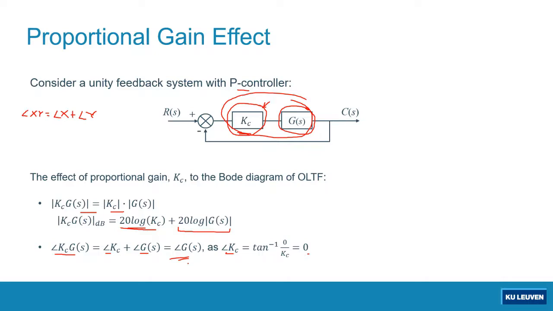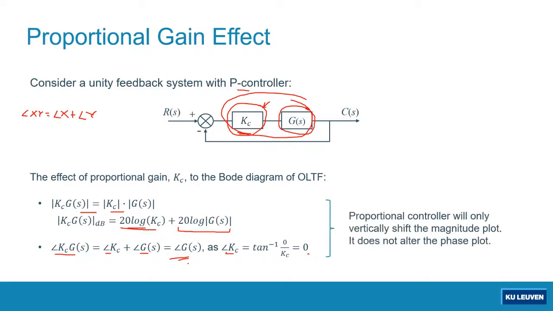In short, proportional gain will only vertically shift the magnitude plot. It does not alter the phase plot of your open loop transfer function. Okay, so that is the basic principle of proportional controller.